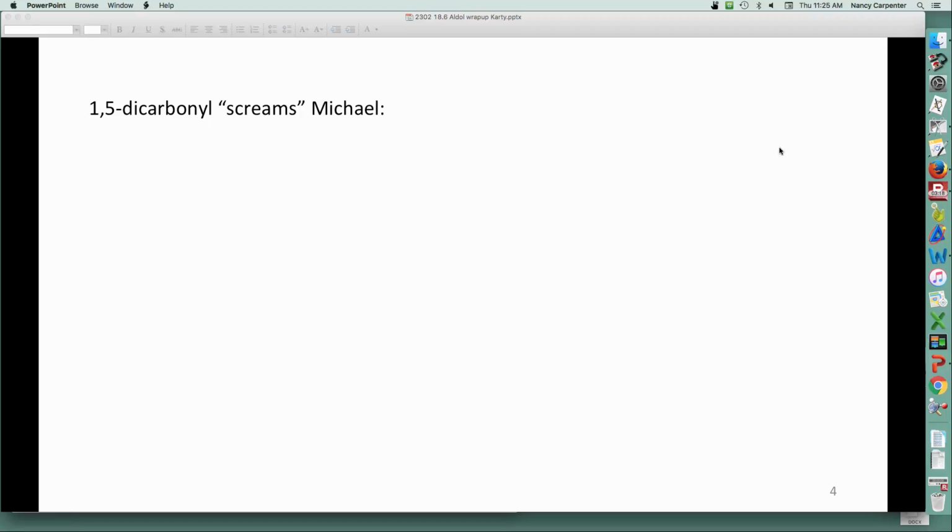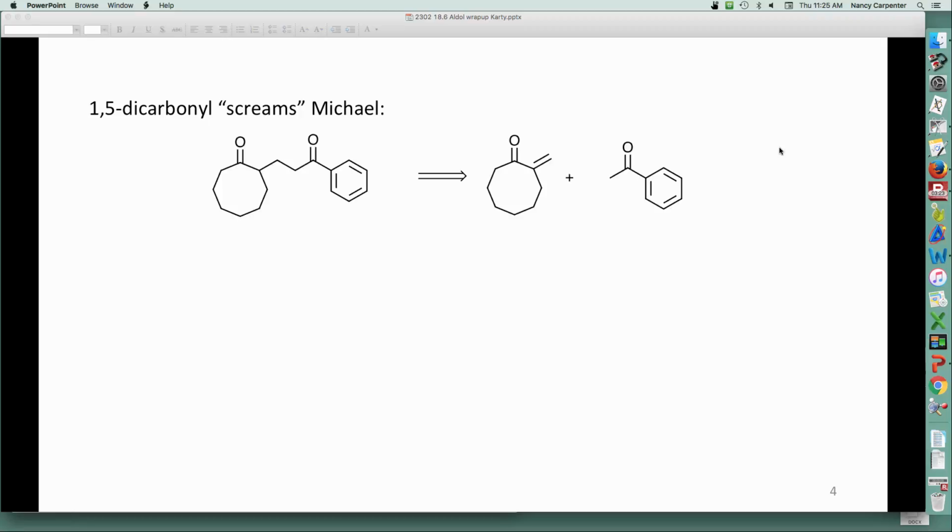All right, there's another screaming bell and whistle in synthesis for the Michael reaction, and that's the 1,5-dicarbonyl. So whenever you see a target with carbonyls 1, 2, 3, 4, 5, five away from one another, that's telling you I am going to add an enolate right here to an electrophile right there.